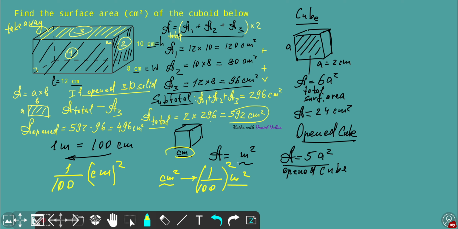Don't forget about this. So the conversion factor is going to be 1 over 100 squared. Or using standard form, you can just apply the factor 10 to the negative 4 in this case. So that's how it works.